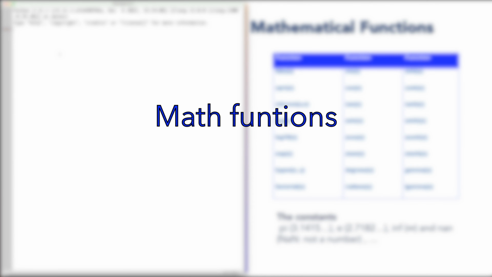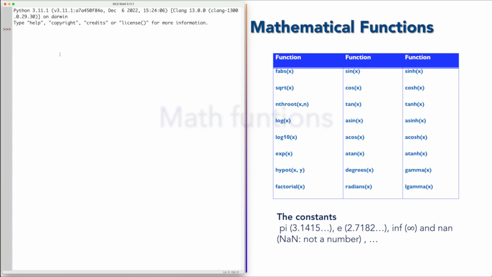Now, as you have seen before, the mathematical functions in Python are defined in the module math. And the module math includes almost all basic and even advanced mathematical functions like absolute functions, sine, cosine, the hyperbolic functions, gamma functions. Also, there are transformation functions.